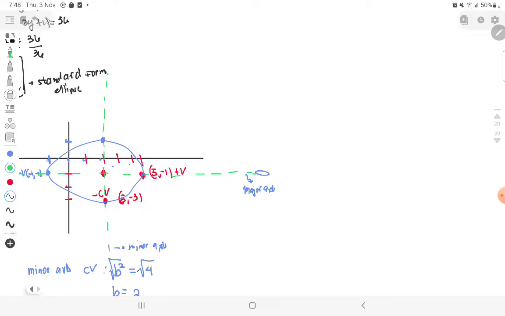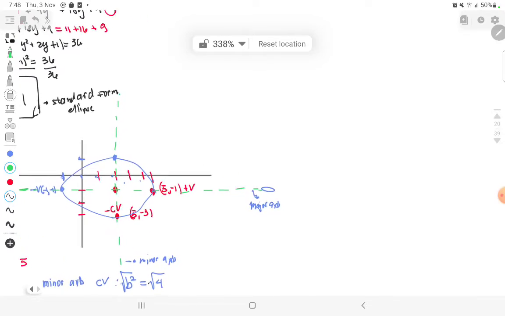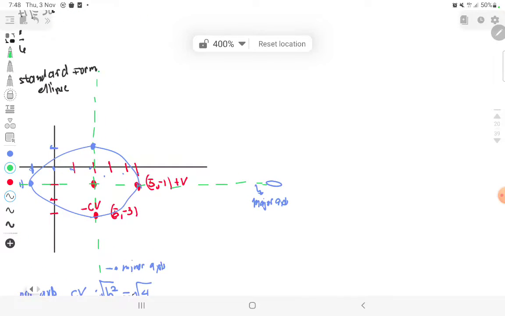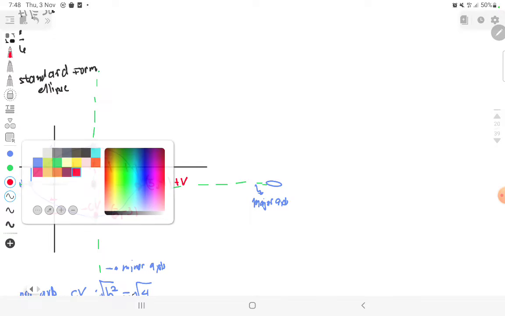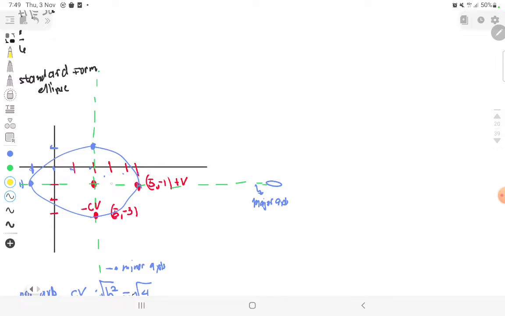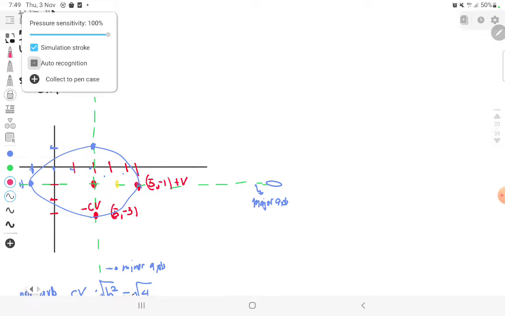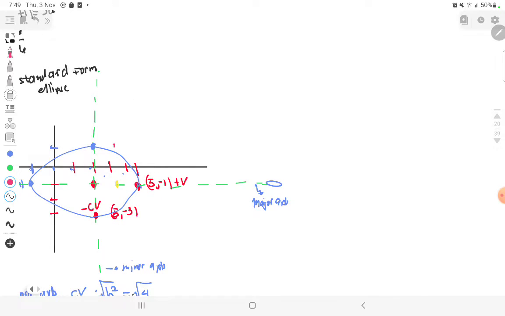Now if I want to find my foci, take note that our foci may lie on this line, to our point here. So let's say this will be our F, foci, point F. But what is our PY?